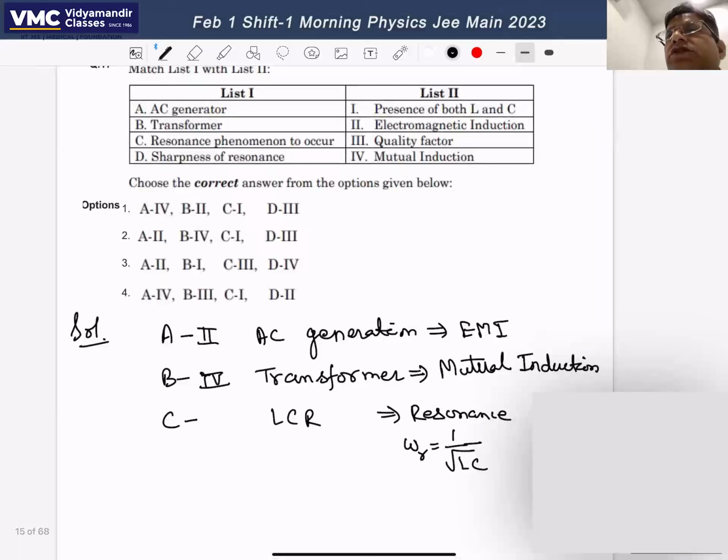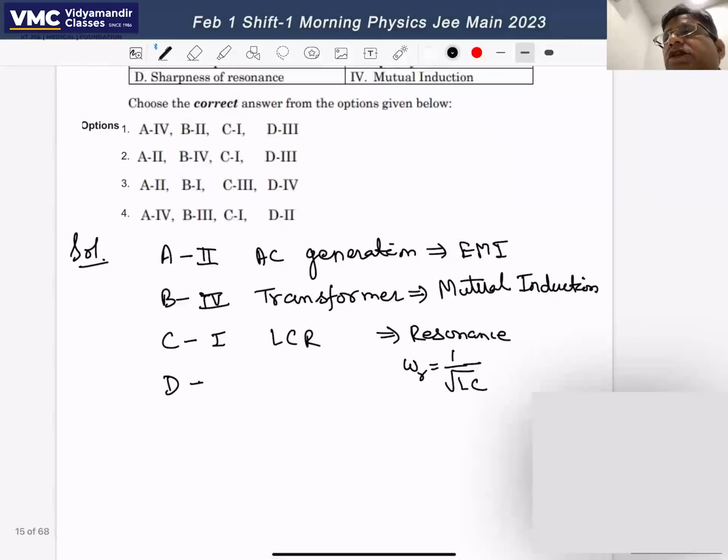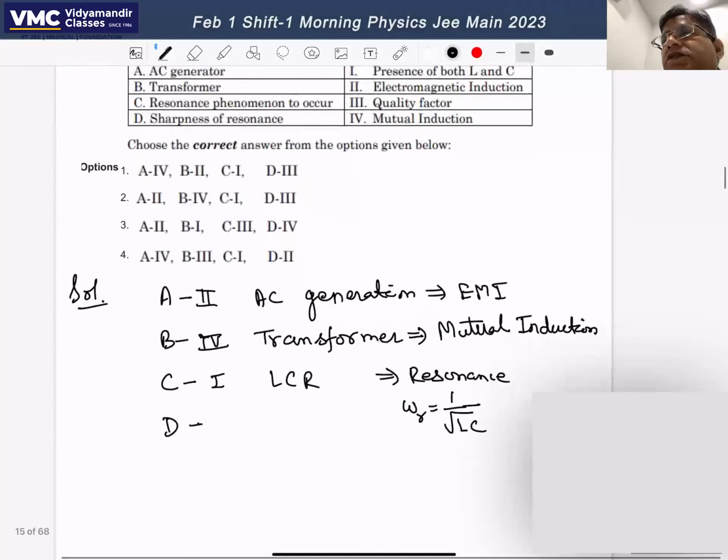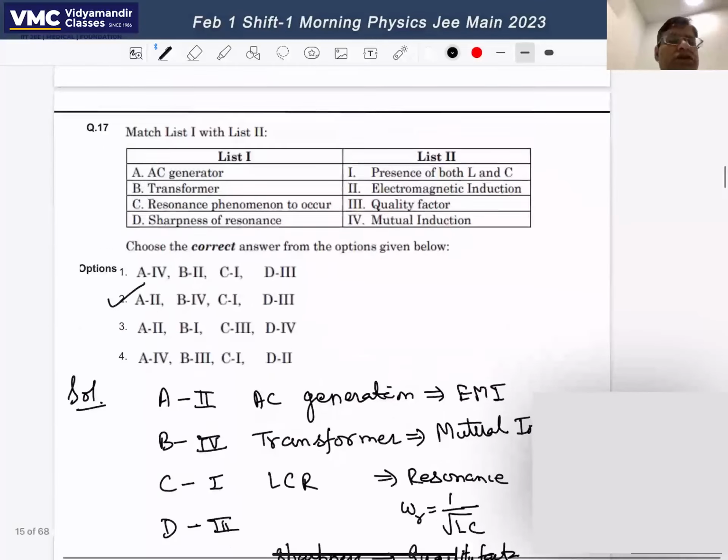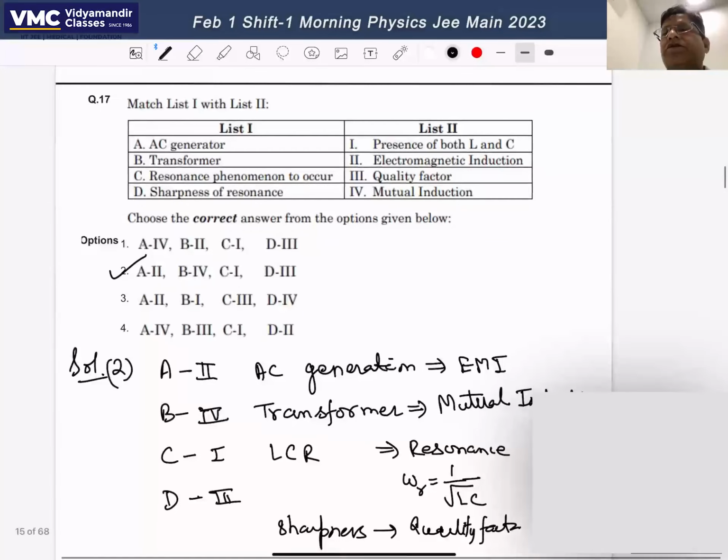So this C option will have first, and then for this sharpness of resonance, quality factor defines the sharpness. So it will be related with third option. So from here, option 2 matches. So for this, option 2 is correct option.